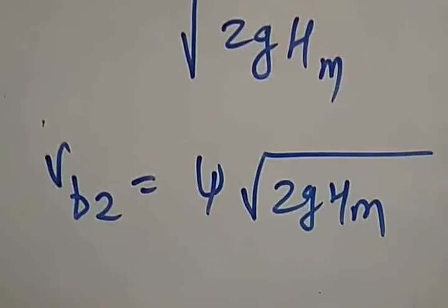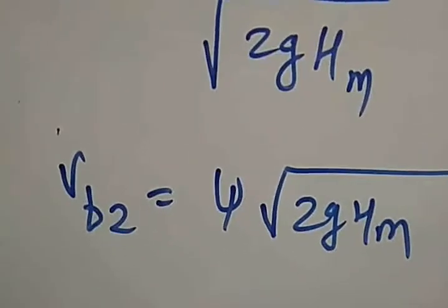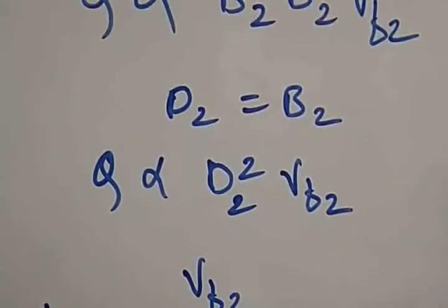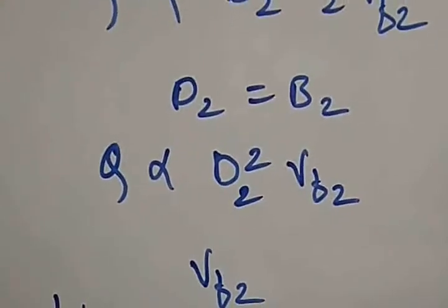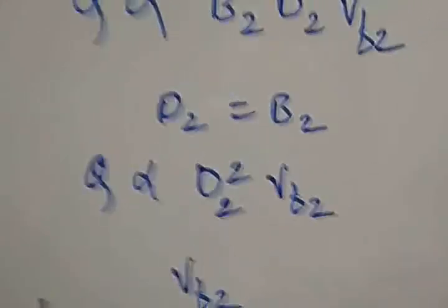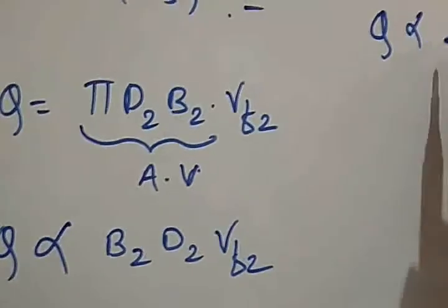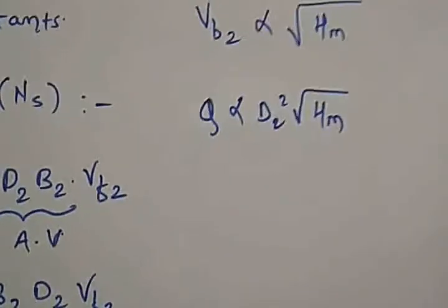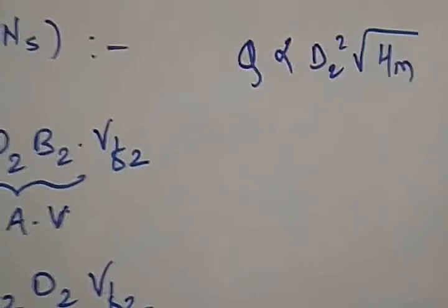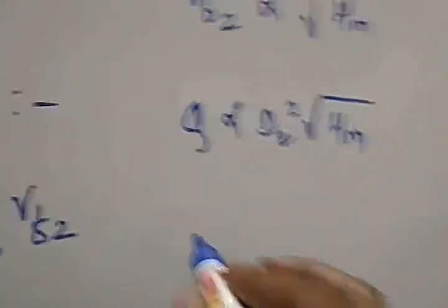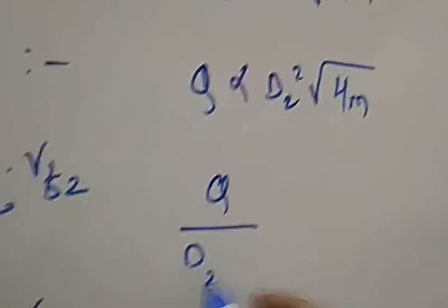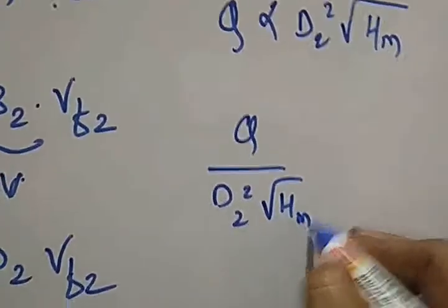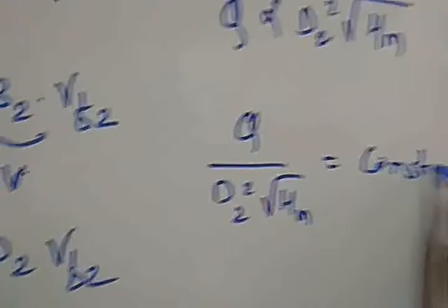Now as Q is proportional to D2 square Vf2 and Vf2 is proportional to under root of hm, I can write Q is proportional to D2 square under root of hm, or Q upon D2 square under root of hm is equal to constant.